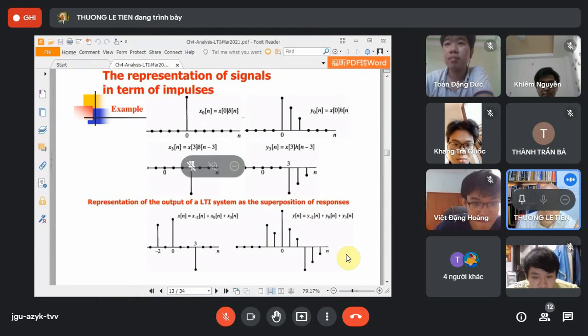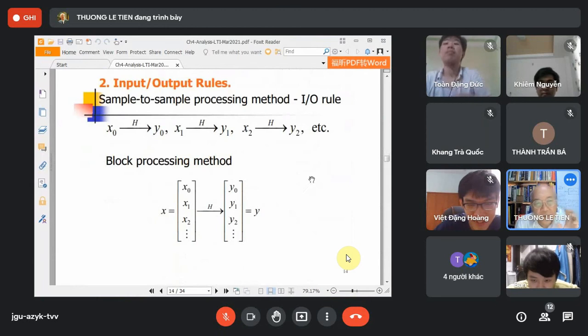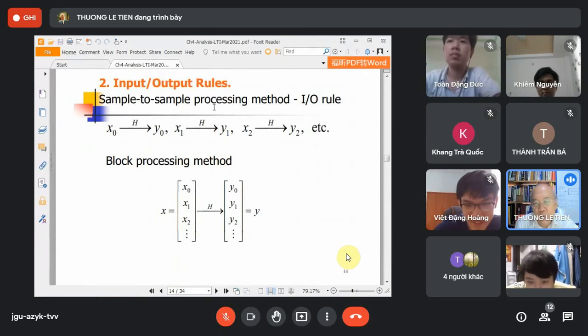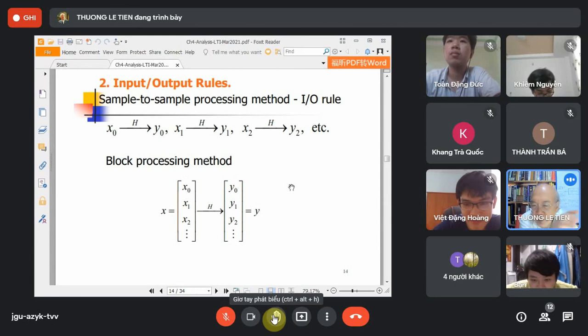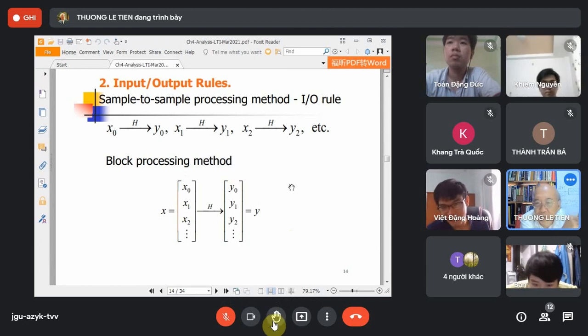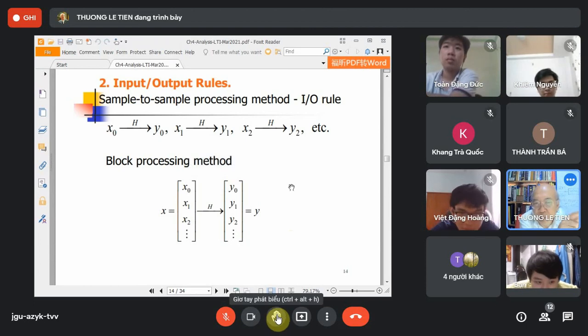So this one, make sure you understand this case. Now, the input-output rule is very easy. We have sample-to-sample processing or block processing. If the system responds to each input sample, then we say we do sample-to-sample processing, or sample by sample.